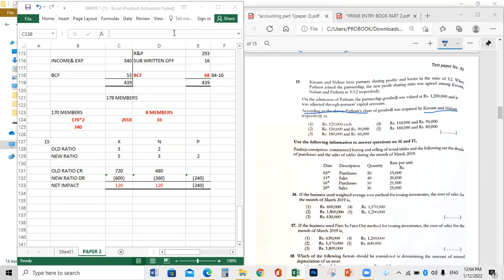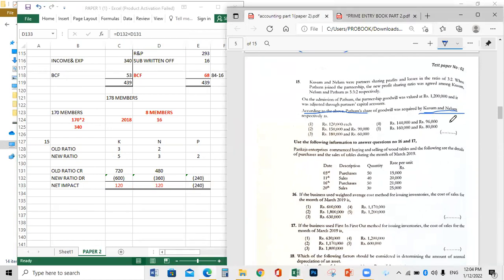So guys, when there is an admission, the new partner should sacrifice his capital to the old partners. So all partners will get the capital from the new partner. That means the new partner should sacrifice 240,000 so that K and N get 120,000 each. So they're asking how much K and N are getting? K and N are getting 120,000 each.